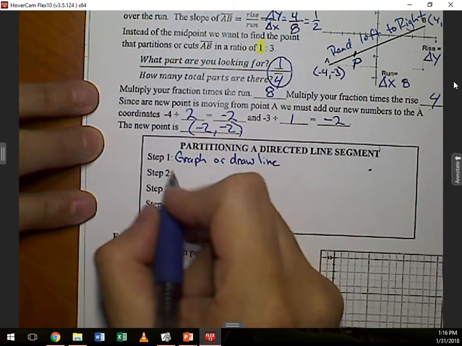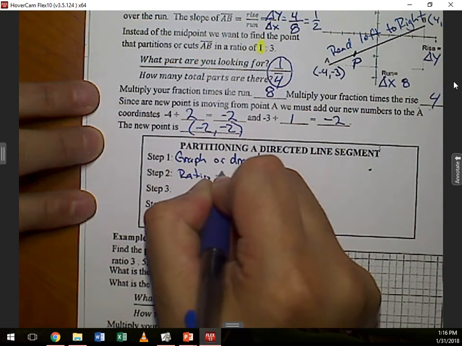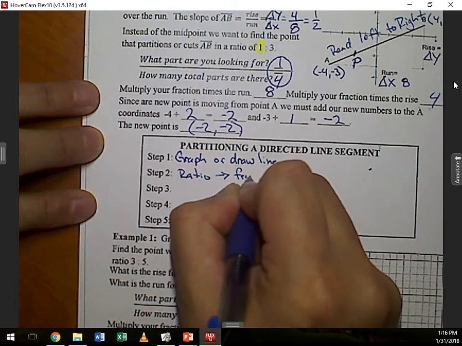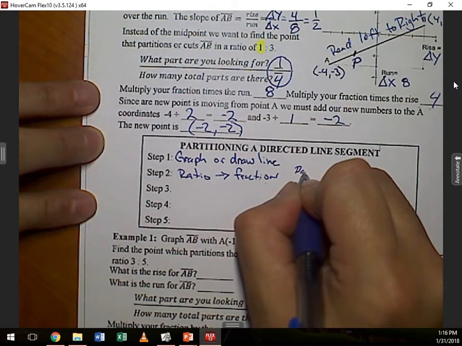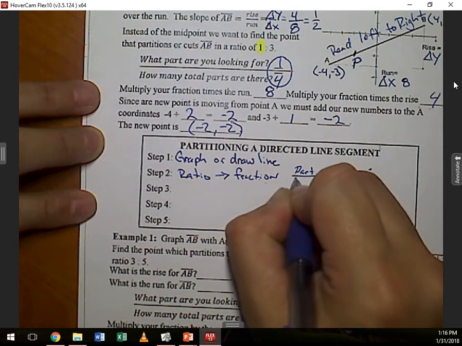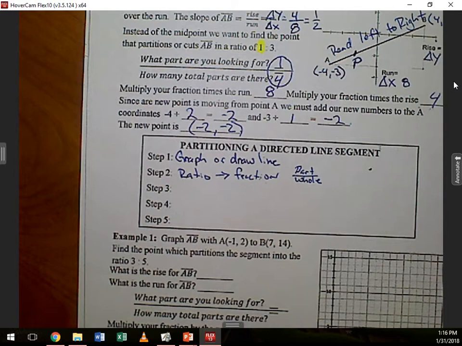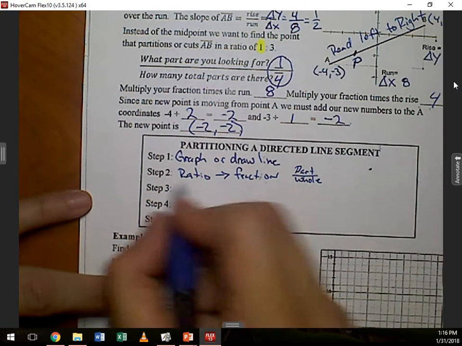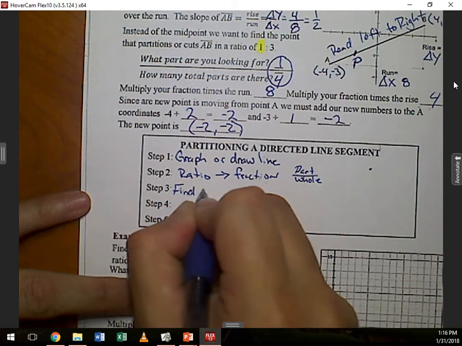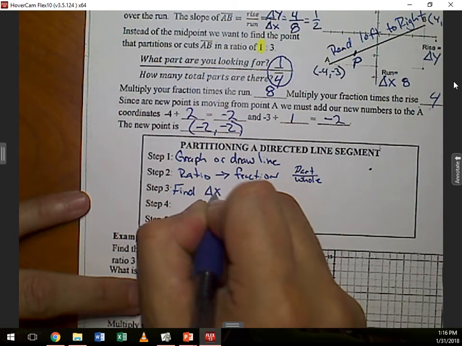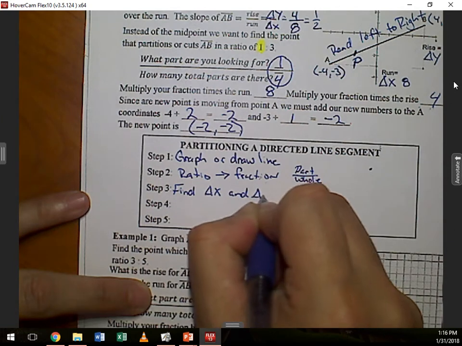Step 2, ratio to fraction, so it's the part over whole. Step 3, find delta x and delta y.